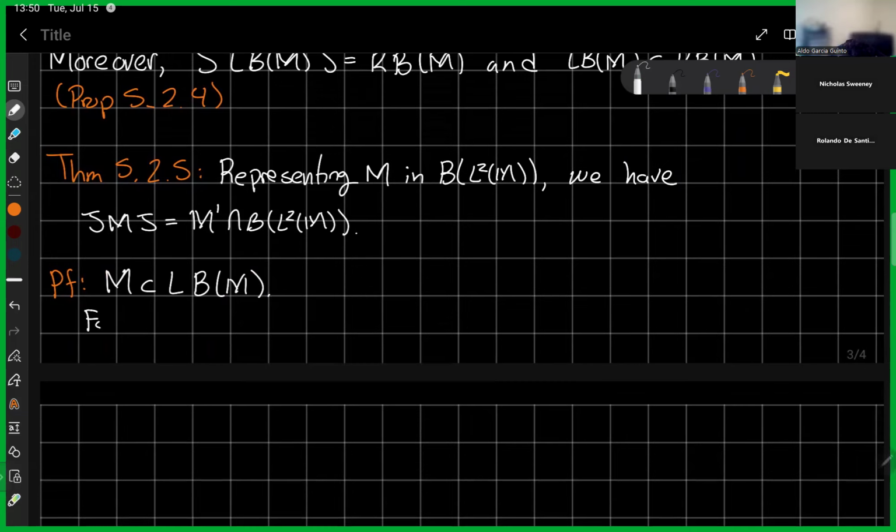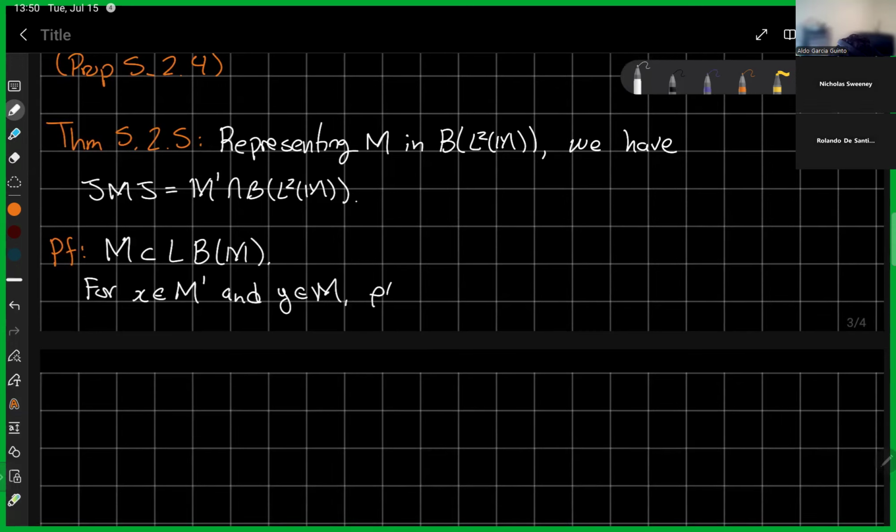So for x in M prime and y in M, we have that rho of x applied to 1 hat is equal to y x 1 hat.